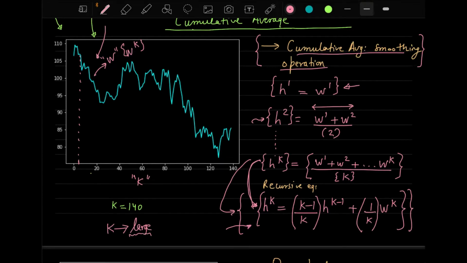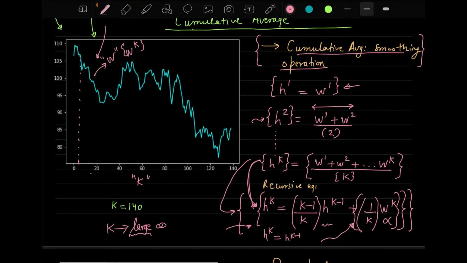If k, let us say, tends to infinity, then the first term will be there and the second term will be gone. So you will only be left with hk as h of k minus 1, and there will be no second term here. So this is the disadvantage of this equation.